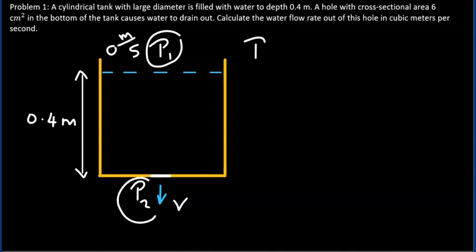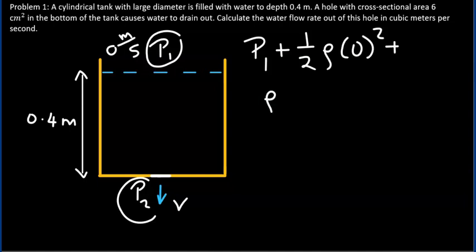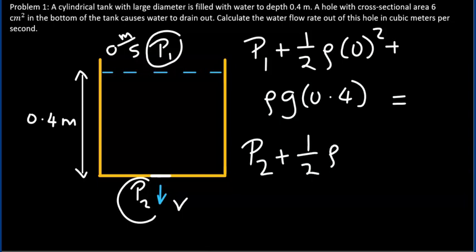So by applying Bernoulli's equation, we get P1 plus half rho 0 squared plus rho g 0.4, so this is for the surface, equals P2 plus half rho v squared, v is what we want to determine, plus rho g times 0, and the elevation of the bottom of the tank can be taken to be 0.